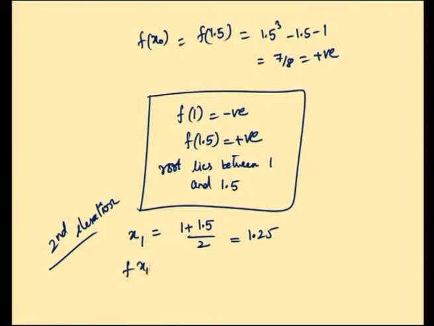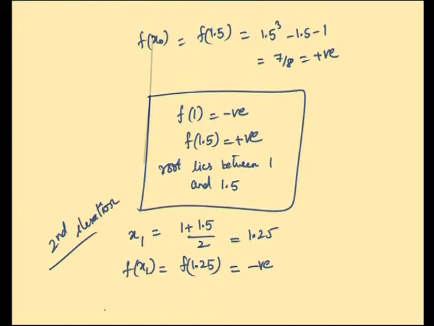Then find out f of x1. f of x1 is f of 1.25. It is 1.25 whole cube minus 1.25 minus 1, and this happens to be negative. So, f of 1.25 is negative.